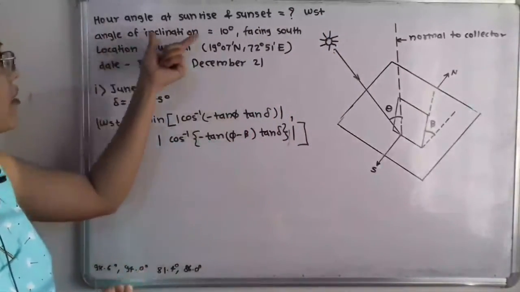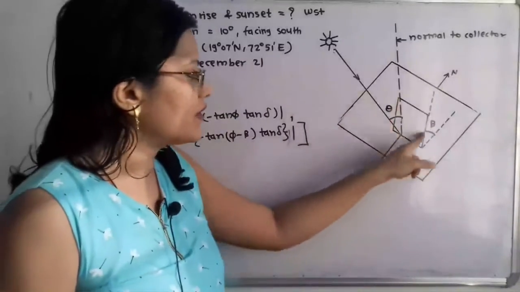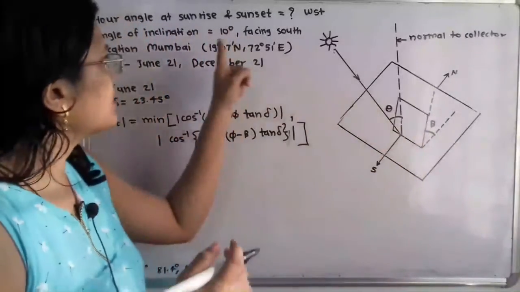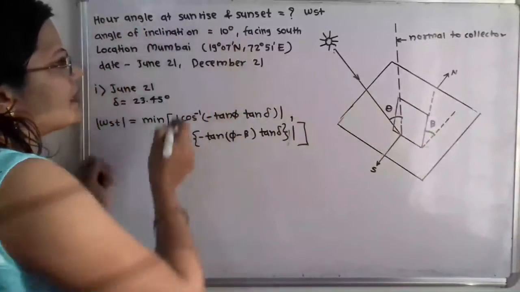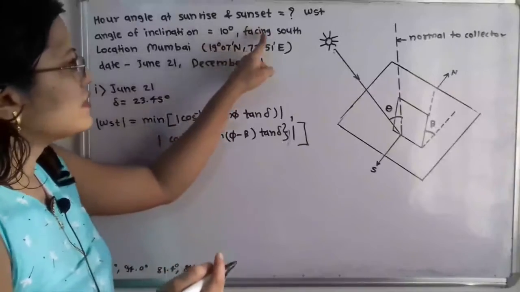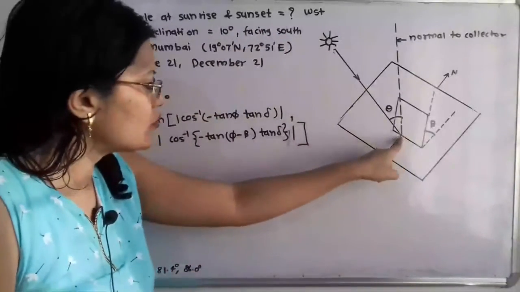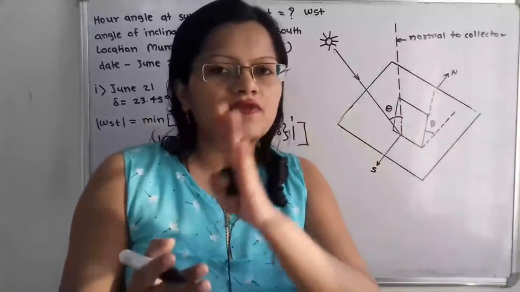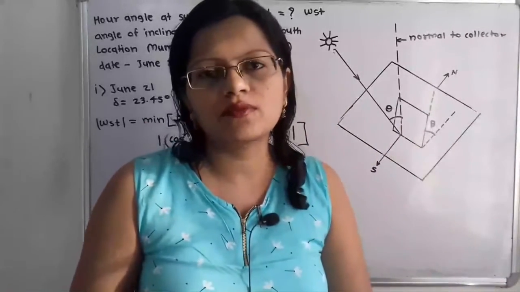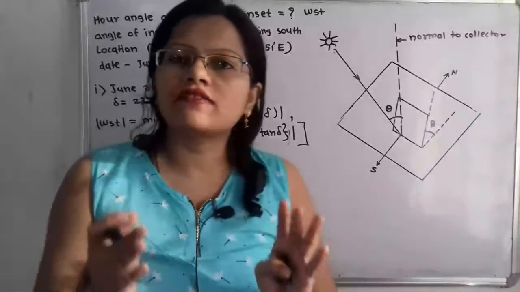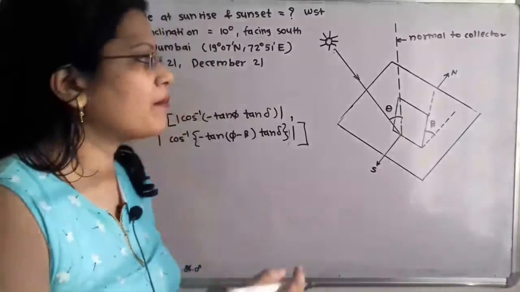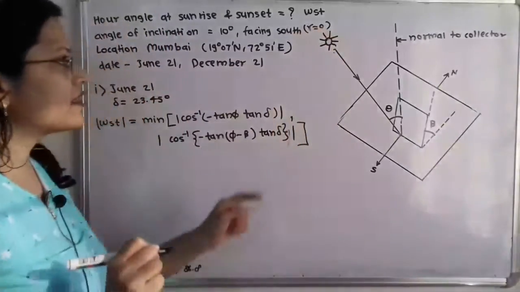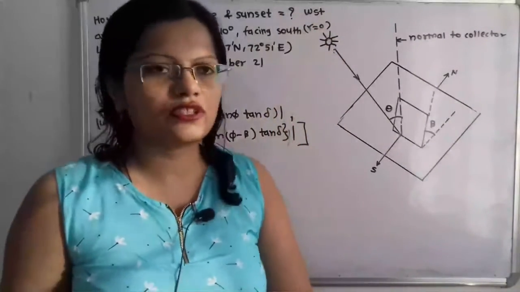The angle of inclination of the surface with the horizontal, beta, is equal to 10 degrees, and this surface is facing towards the south. When the inclined surface is facing south, the surface azimuth angle gamma is equal to 0. So here we consider gamma as 0 degrees.